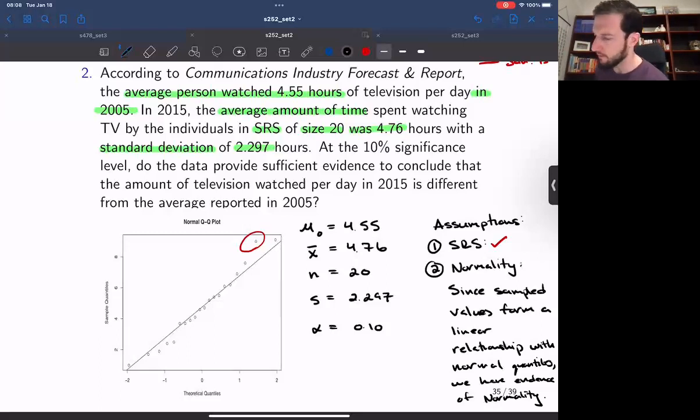All right, a little tight on space, but what I wrote there was, since sampled values form a linear relationship with normal quantiles, we have evidence of normality.